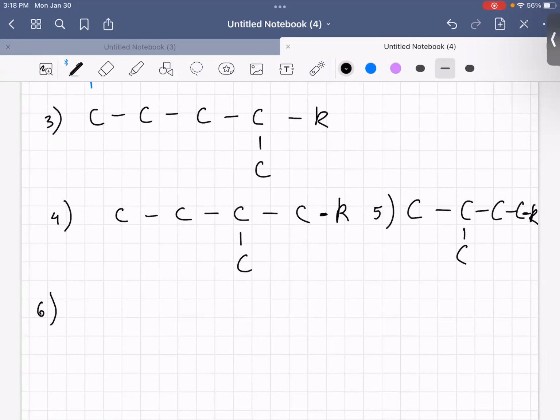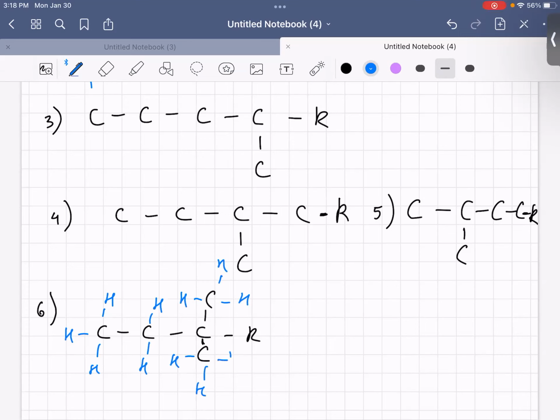What else can we do with it? Well, we can attach 2 carbons onto the same carbon, right? And again, if we wanted to check the hydrogens, it's going to be 1, 2, 3, 4, 5, 6, 7, 8, 9, 10, 11, right? Okay, so number 7, we can again do this, but with a third or a first carbon.